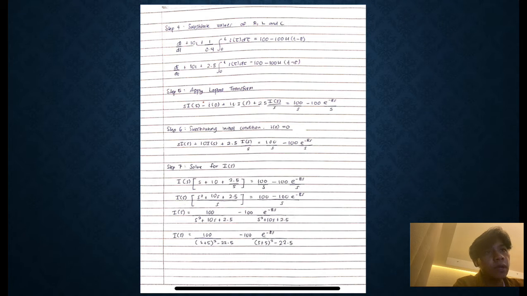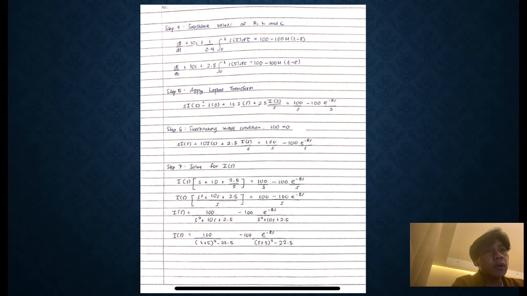Then for step 7, we have to solve for I(s), and then we get the answer as I(s) equals 100 over s plus 5 squared minus 22.5, minus 100 e to the power of negative 8s over s plus 5 squared minus 22.5.